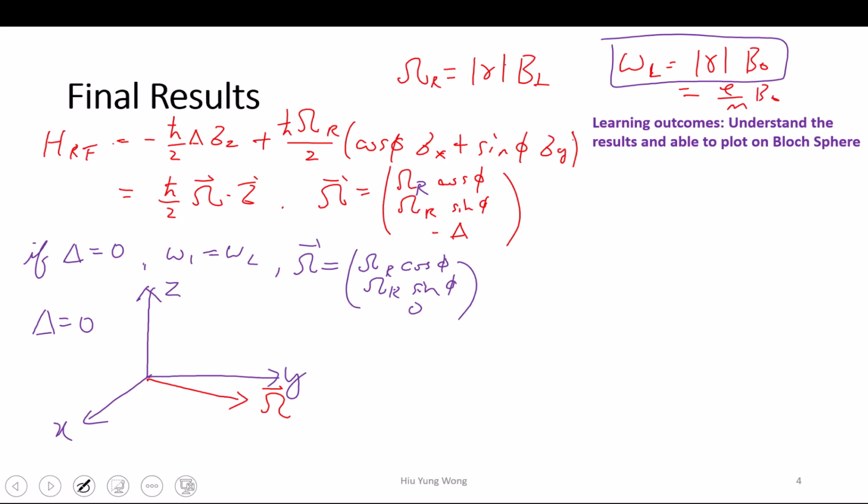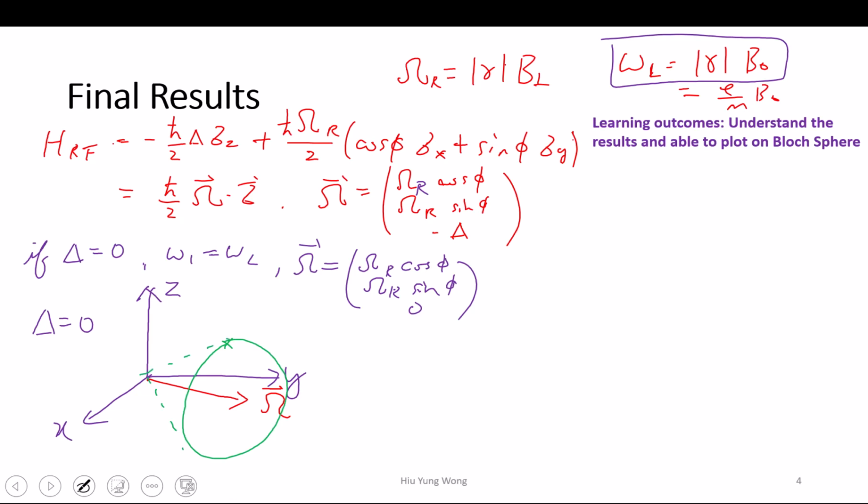So this is omega, right? And if I have a qubit, then it is going to rotate about this omega. For example, my qubit may be here, and then it's going to rotate as a cone, right?